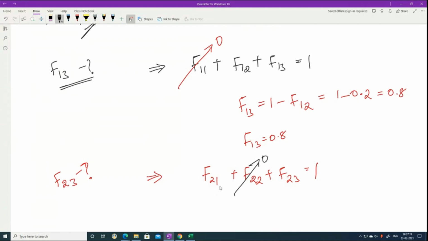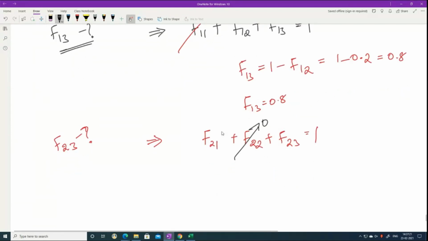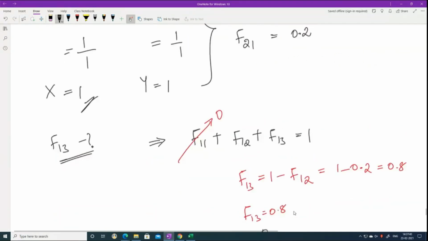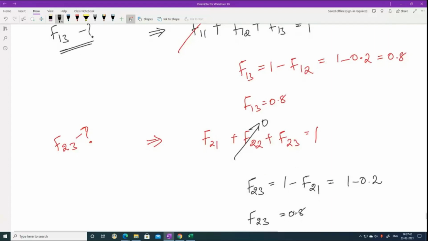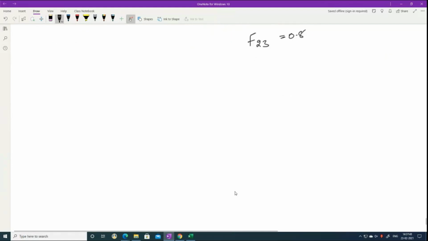And you know F21 is equal to 1 minus 0.2, so F23 will be equal to 0.8. So you got all the shape factors that are required in the question. Okay, you need F12, F13 and F23. So almost all shape factors you have with you now, and you also need the resistances.